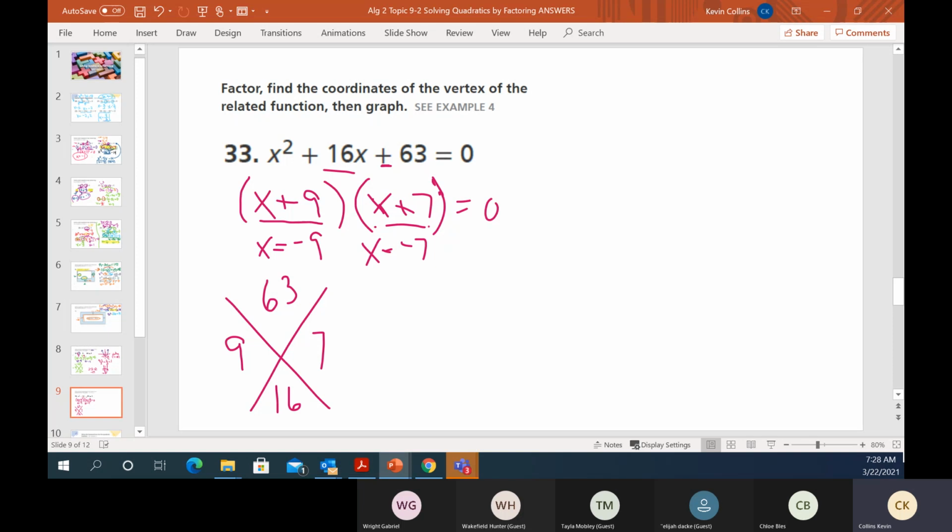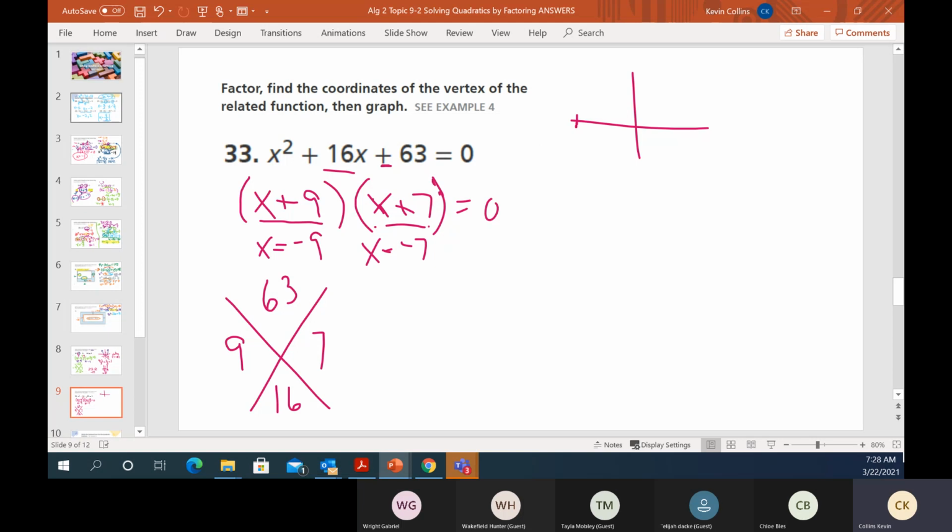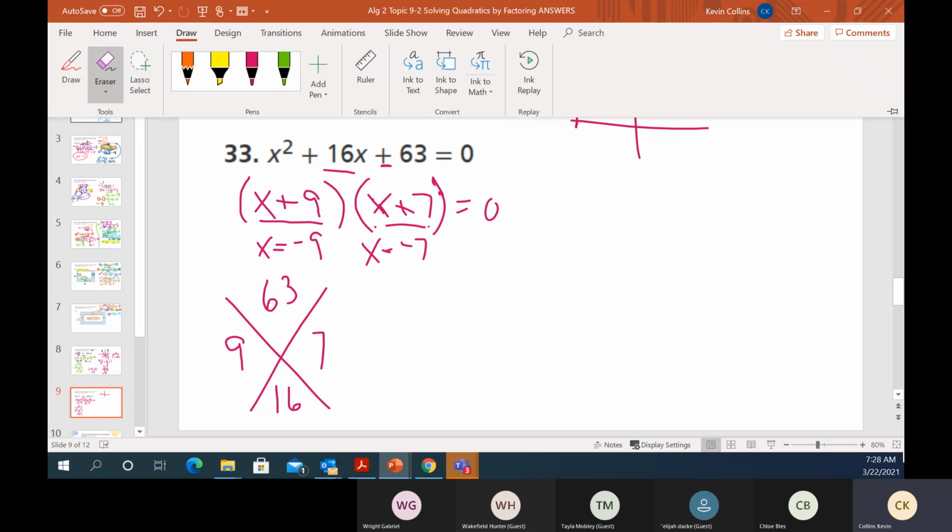Cool. Okay, so then this is the same deal as we had last time. So we're going to have some kind of graph, right? And this one is going to be at -9. So we're going to have one at -9, and we're going to have one at -7.